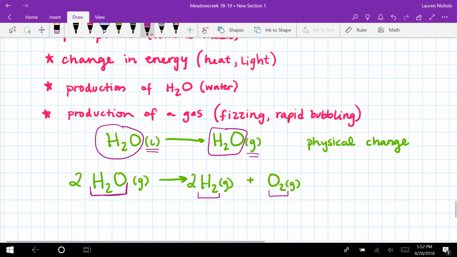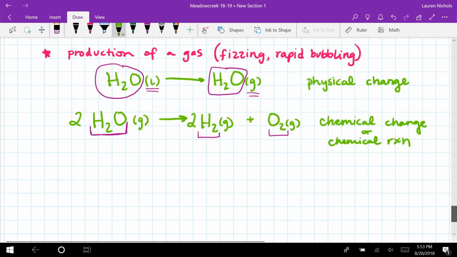So this would be a chemical change or a chemical reaction. All chemical changes result in a chemical reaction. They are synonymous, or you can use them interchangeably.